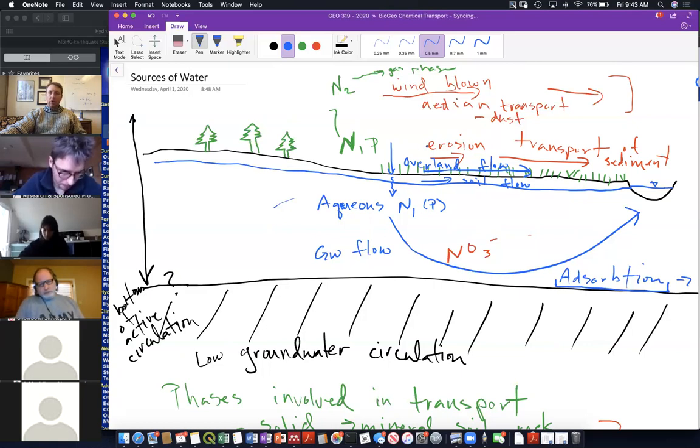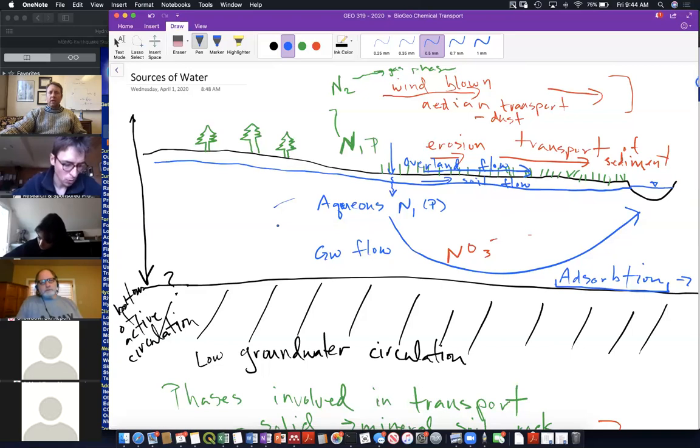So, overland flow and aeolian flow, they happen rapidly. But if you get nitrate in your groundwater, then you've got a very long-term sort of chronic problem. So these are more acute problems, and groundwater would be considered more of a chronic problem.